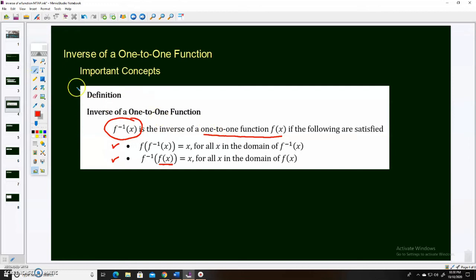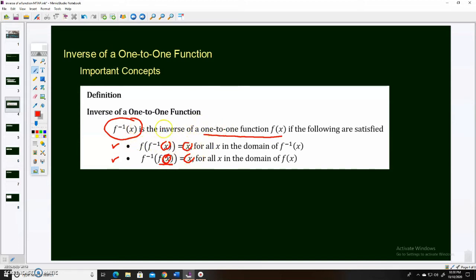Now what does it mean? Your input is x, and your output for the composition is also just x. Your input is x, and your output for the composition in the other way is also just x. It simply means that the function and its inverse function undo each other.